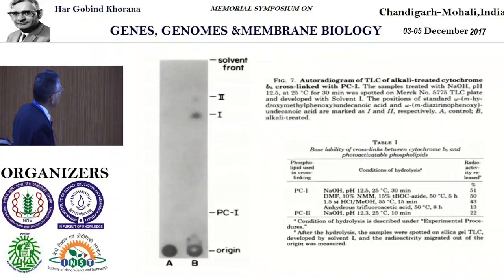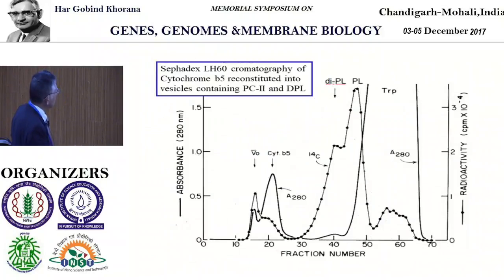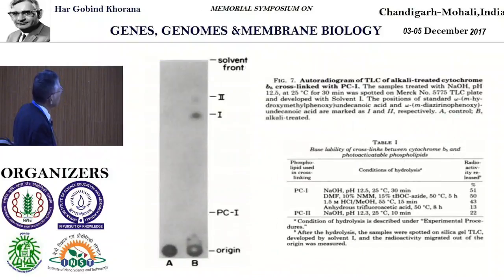And this cross-linked portion was treated with alkaline and acid. There was a huge amount, more than half, of acid labile, alkali labile cross-linked product.